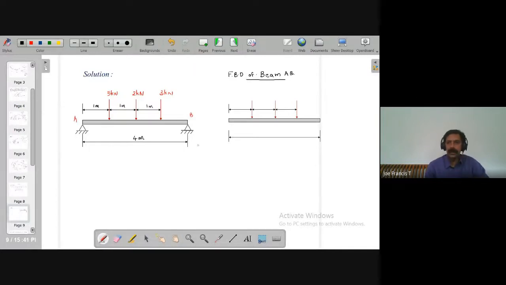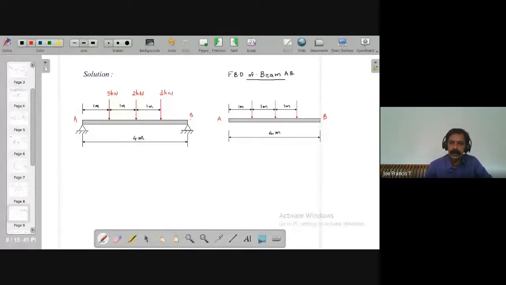So I've drawn the beam again. So its dimensions are all given. This is 4 meter. This is 1. This is 1. And this is 1. Beam is AB. And then you have weights acting at various points.